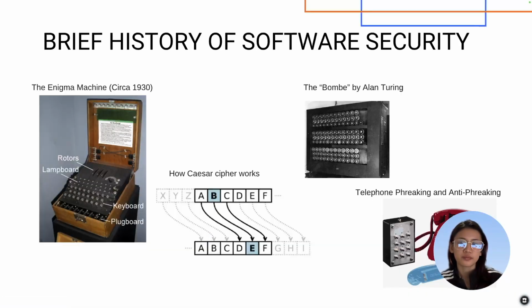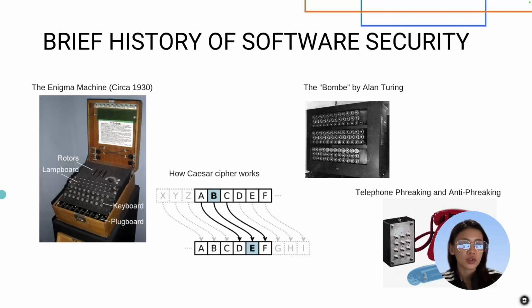Let's have an example with the substitution encryption or the Caesar cipher, where each letter in the alphabet is shifted by a fixed number of positions. For instance, with a shift of 1, A becomes B, M becomes N, Z becomes A, and for a shift of 3, A becomes D, B becomes E, and so on.